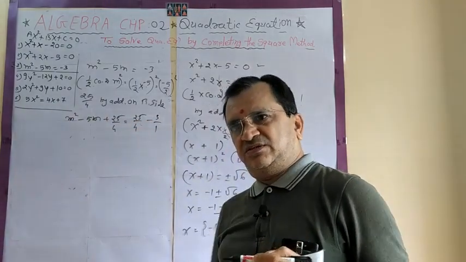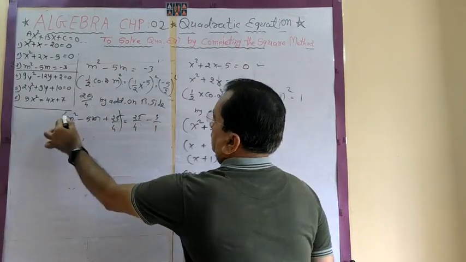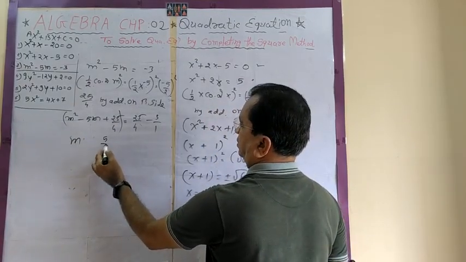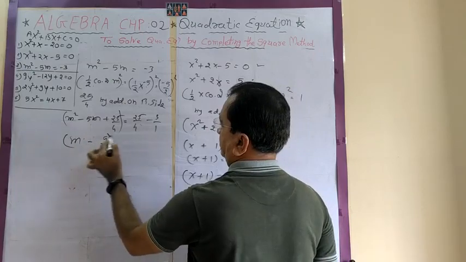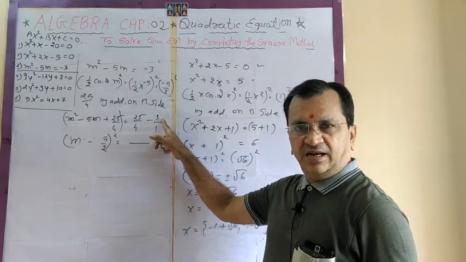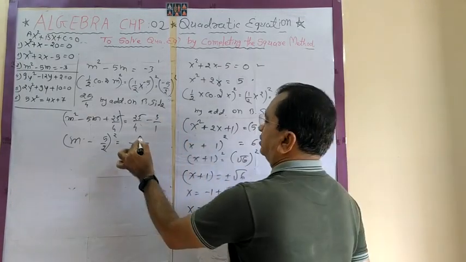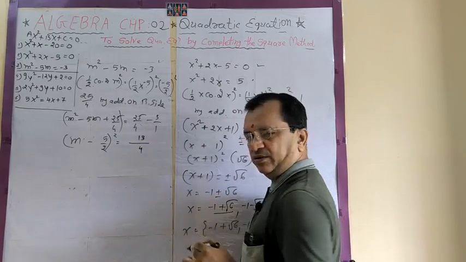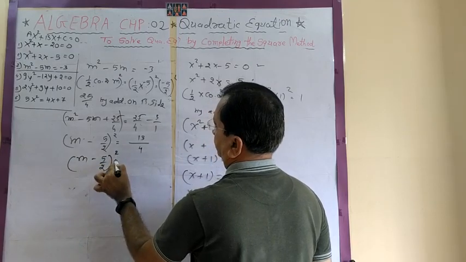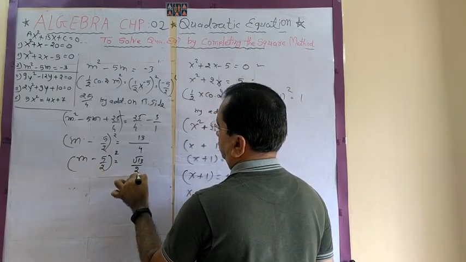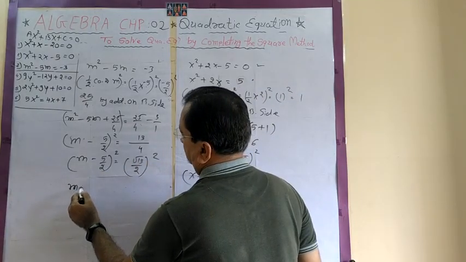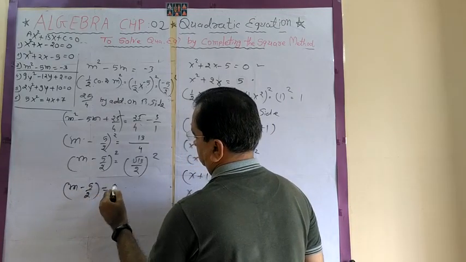Here please. So square root of first number, square root of last number, sign of middle. 4 3s are 12. 25 minus 12, it is 13, divided by 4. Make this a perfect square. m minus 5 by 2, root 13 by 2 total square. Remove the square from both the sides by taking square root.